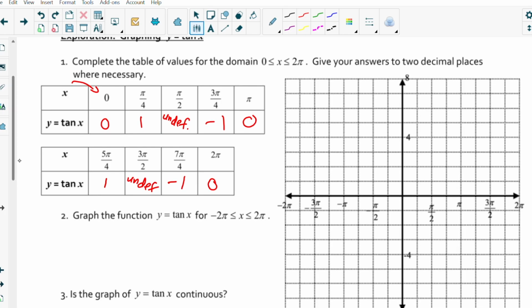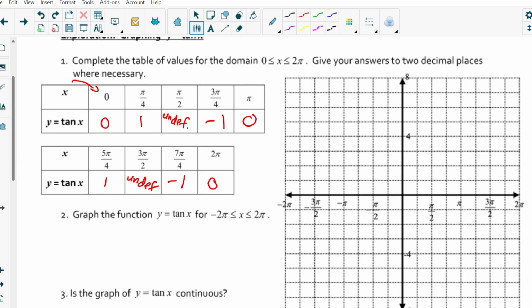Now that we have the table of values, let's graph the function y equals tangent of x in this domain.